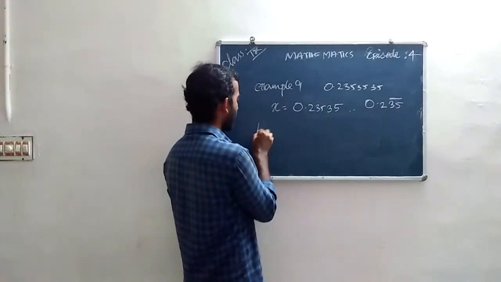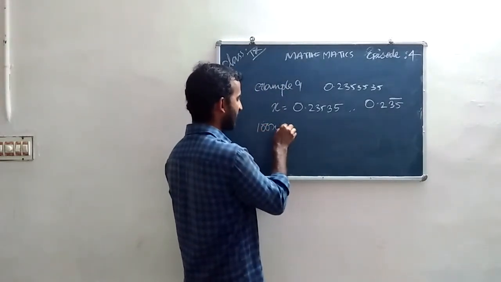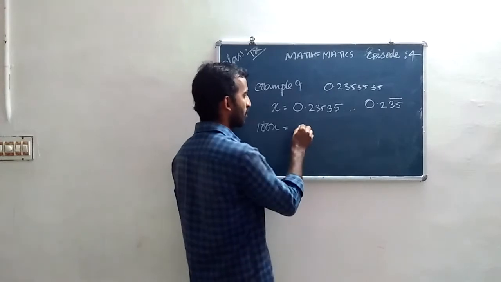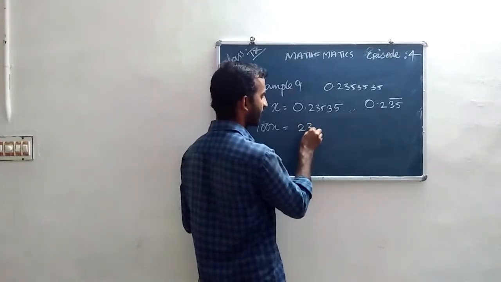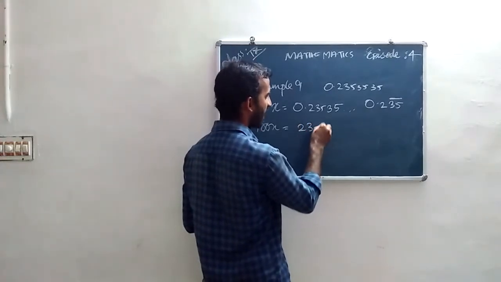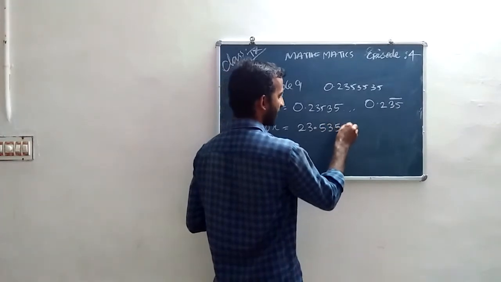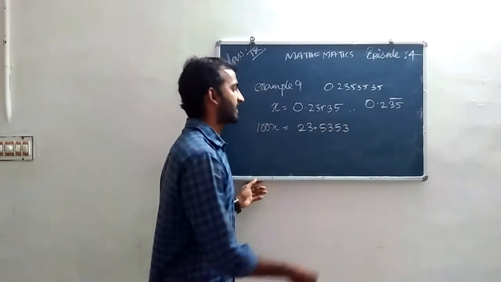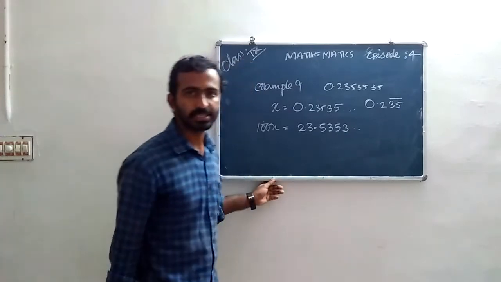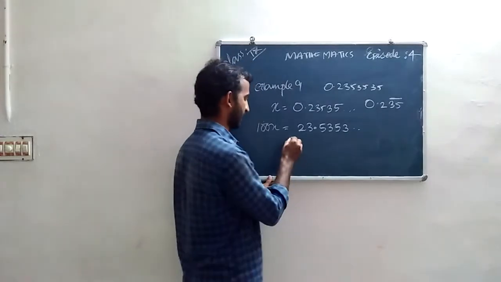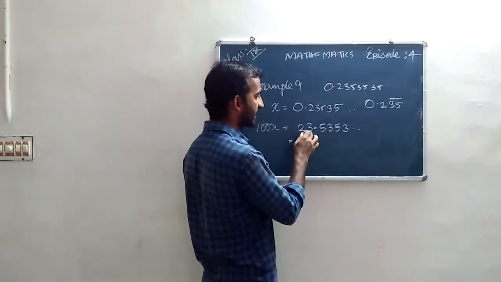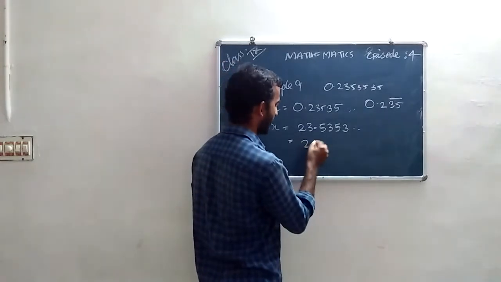Multiplying by 100, we get 100x equal to 23.5353 etc. Yes, it is correct. Then we can rewrite this number in this form.